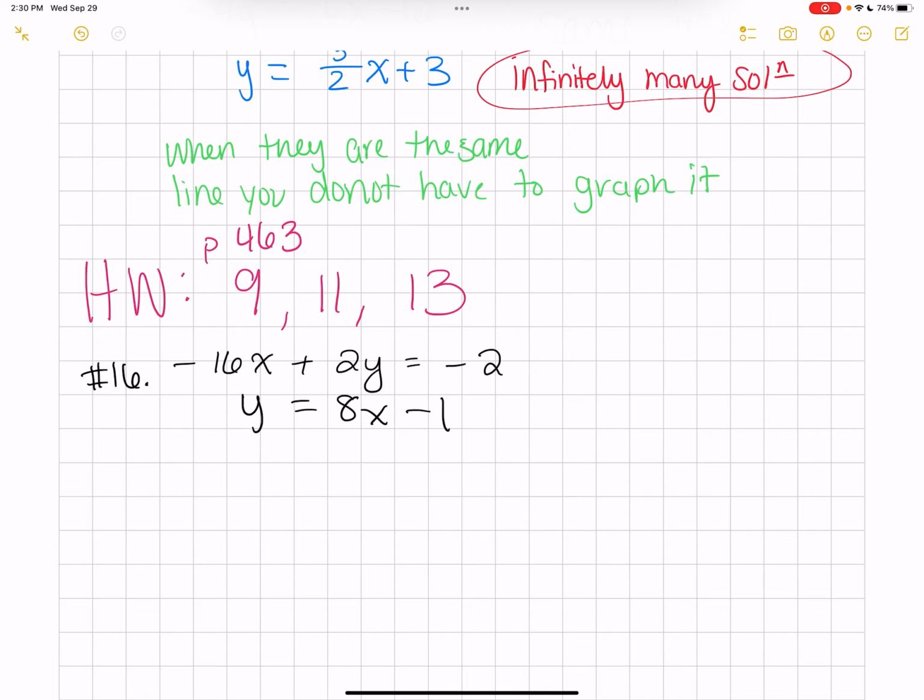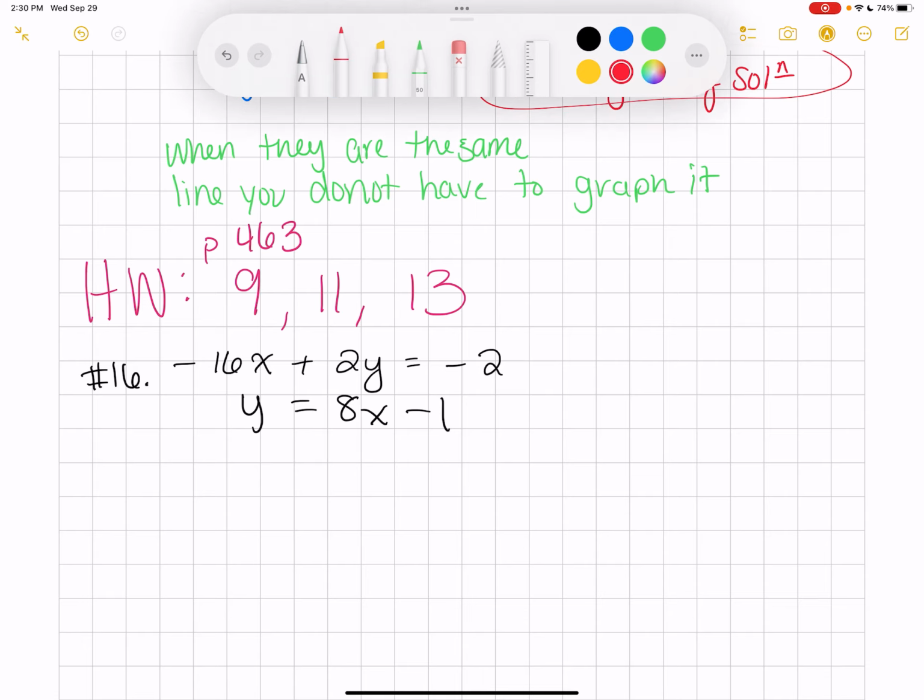I was kind of confused on this, so I gotta figure it out. So this one is set up such that which method is better, substitution or elimination? Substitution is going to be better, because we already have a variable by itself. That's why I would choose substitution in this case. So I'm going to plug in all of this for y up here.